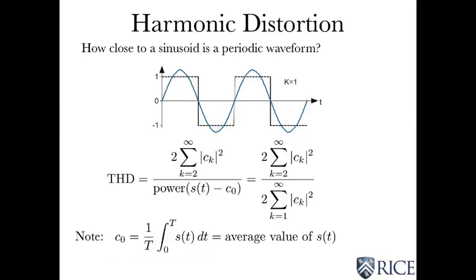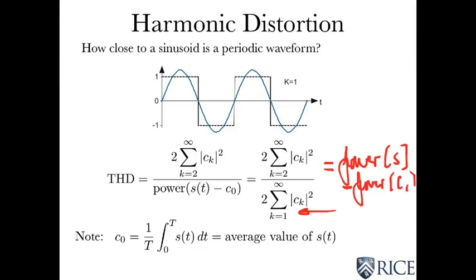So let me point out something, that this is equal to the power in the original signal, which is all the terms summed up from 1 to infinity, that's the denominator, minus the power in C1. The first harmonic is what that's supposed to mean.